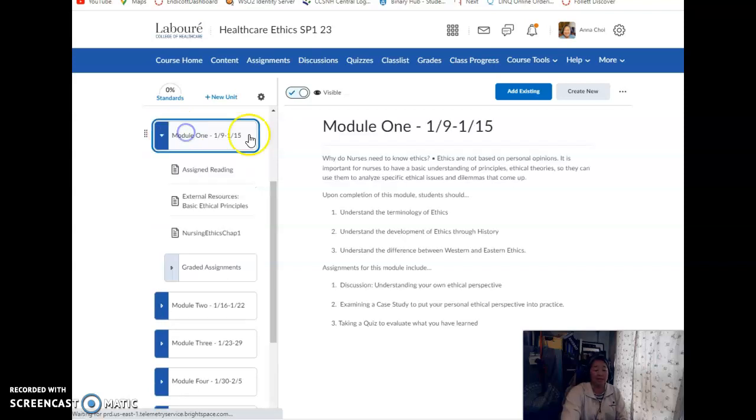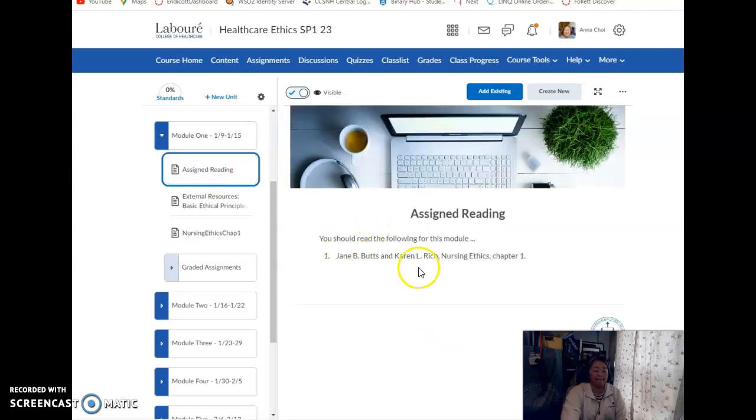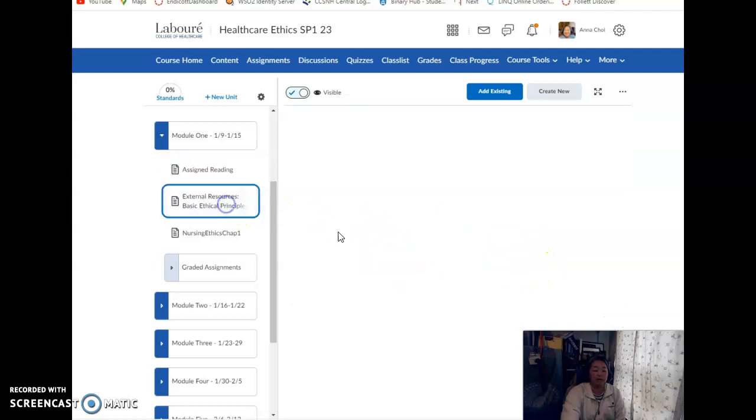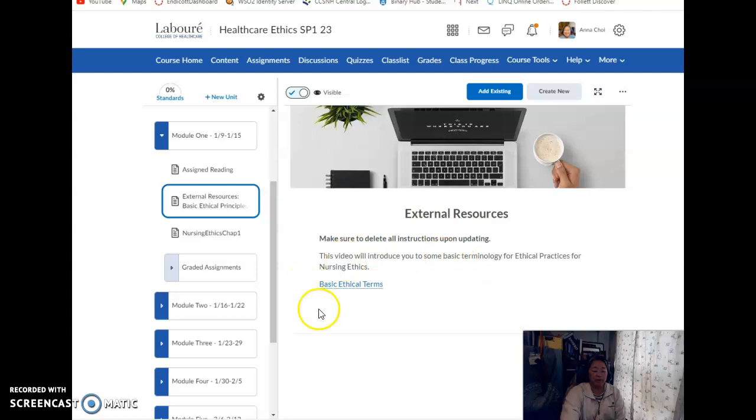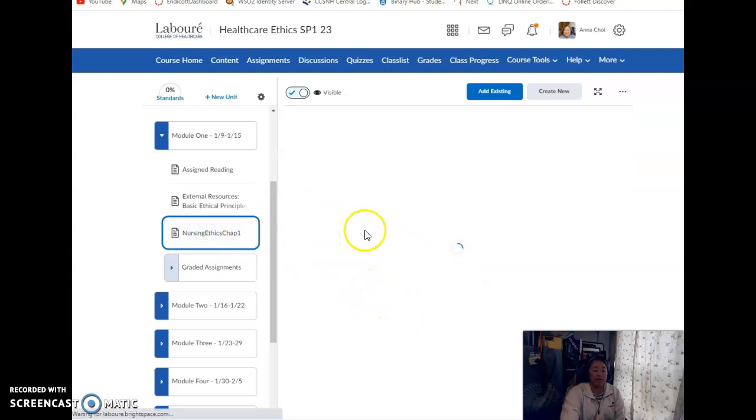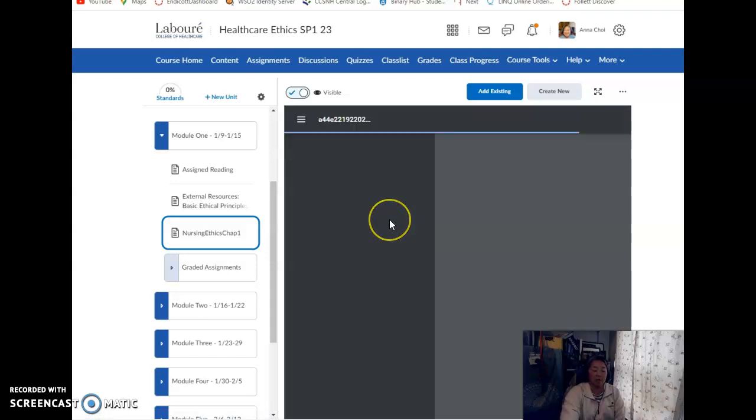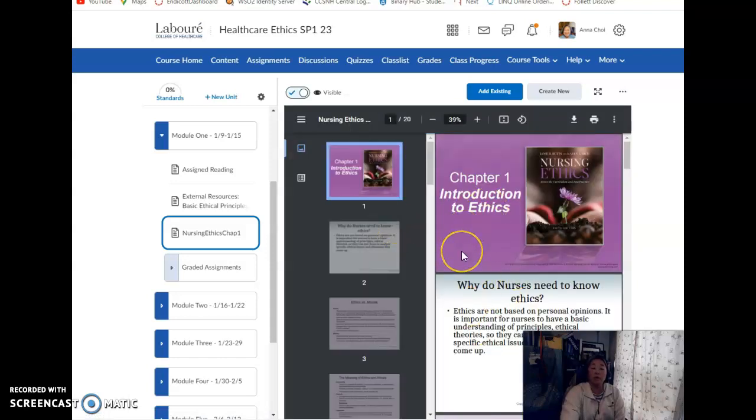So just as a sample, module 1, which is the first week, these are the basic things that you're going to be covering. This is your assigned reading, which is chapter 1 in the textbook. These are some basic videos about ethical terms. And then here is the PowerPoint that goes with that first chapter of the textbook.